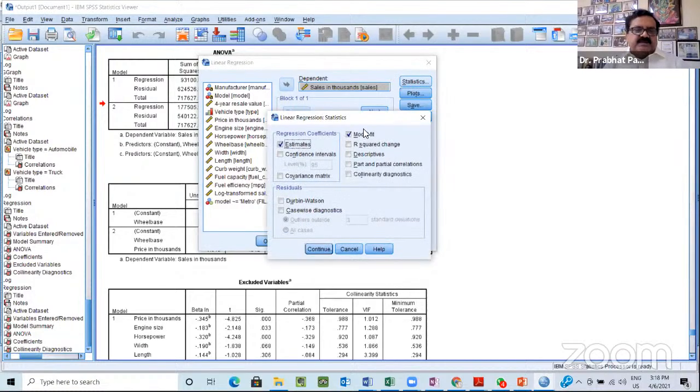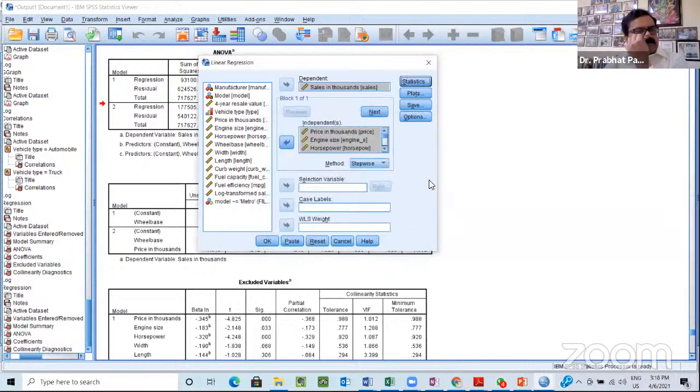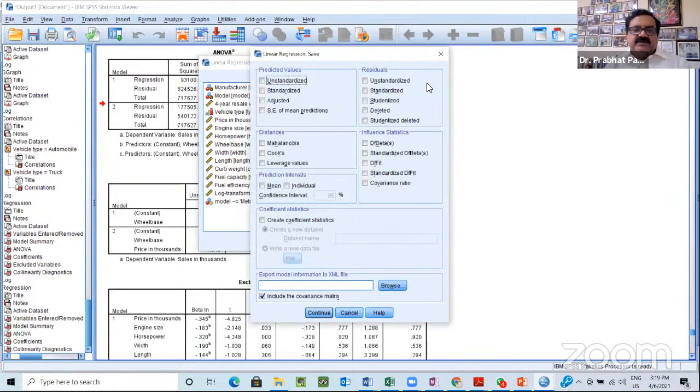Here you can see the estimates and the model fit is already checked. But if you really want to see the collinearity diagnostics, then you can check that. If you want to calculate Durbin Watson, there is a lot of diagnostics that you can do. If you want to see the residual analysis, you can also do that by clicking this.